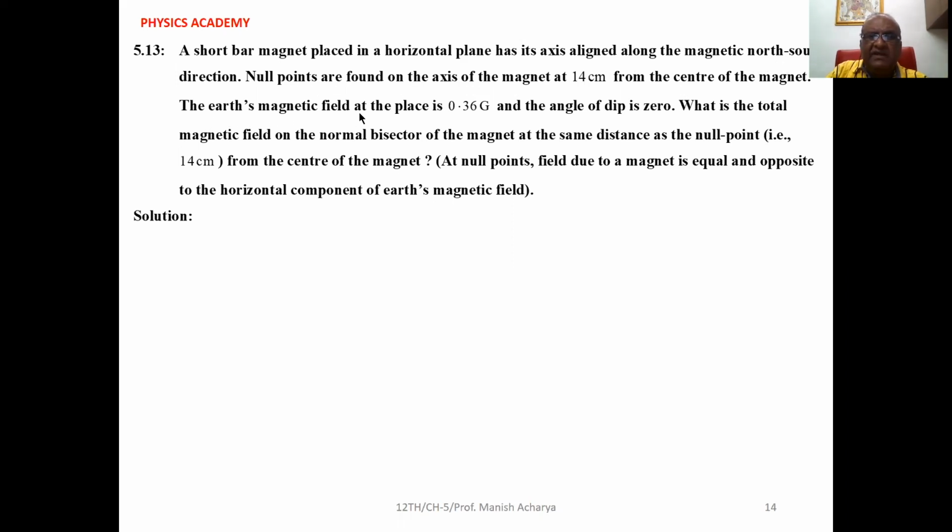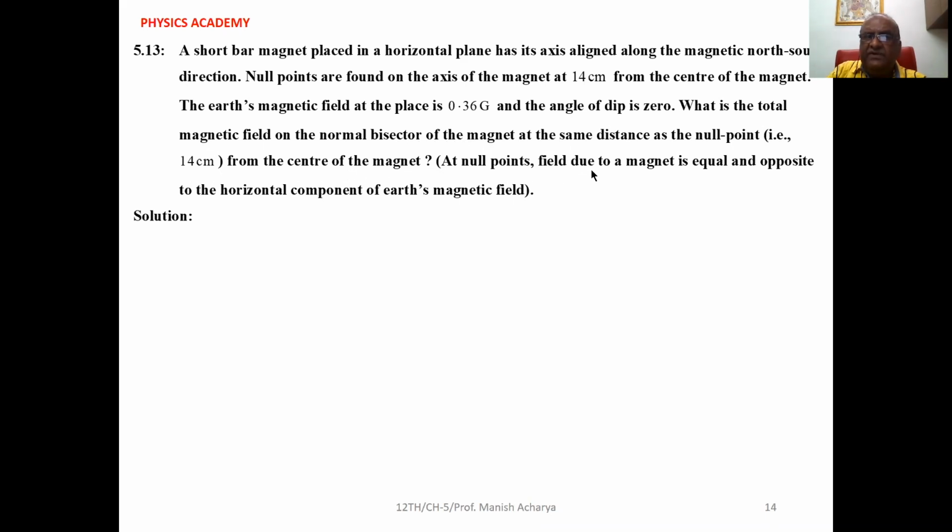The Earth's magnetic field at the place is 0.36 Gauss and the angle of dip is 0. What is the total magnetic field on the normal bisector of the magnet at the same distance as the null point? It implies at 14 centimeter from the center of the magnet.